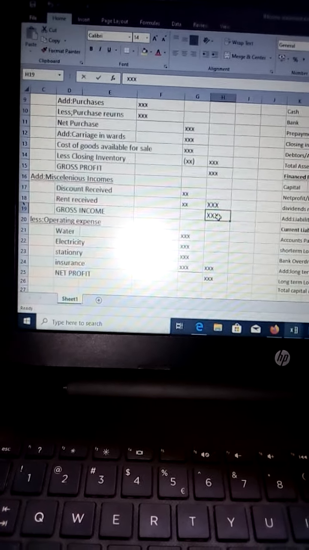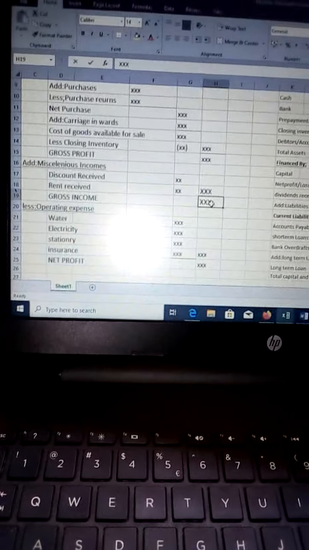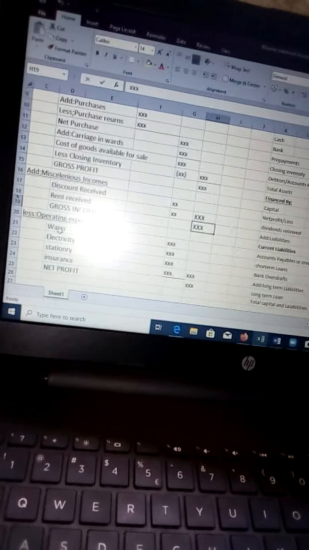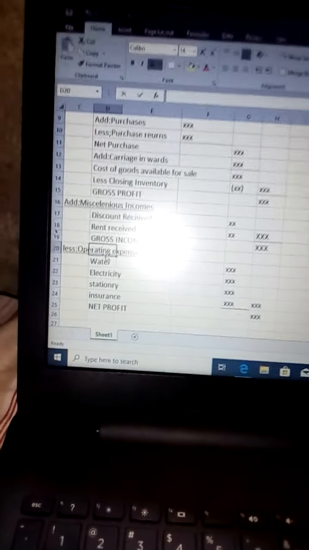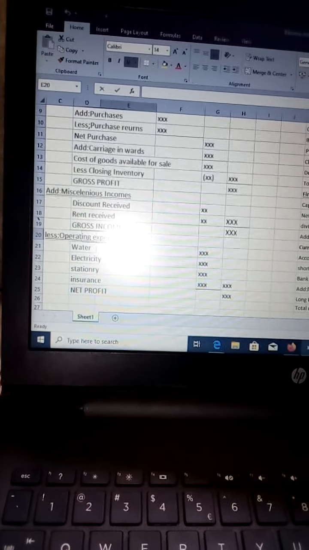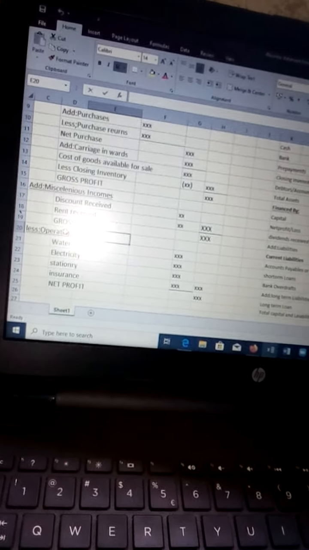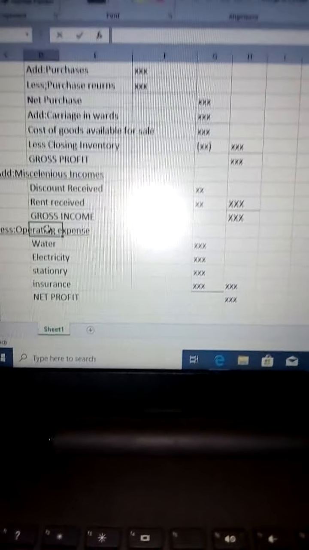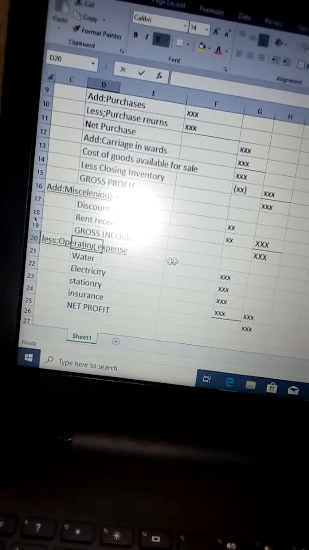Now, from this total income, you're supposed to less the operating expenses. Less means subtraction. You're supposed to subtract the operating expenses. What are the operating expenses? These are expenses that you incur in the daily running of your business.